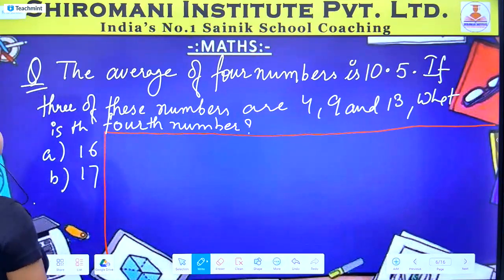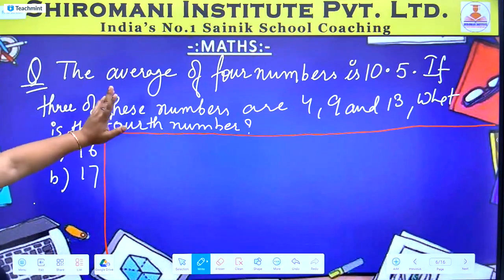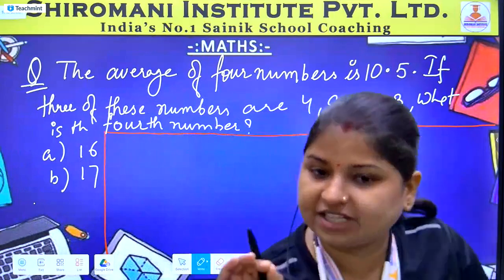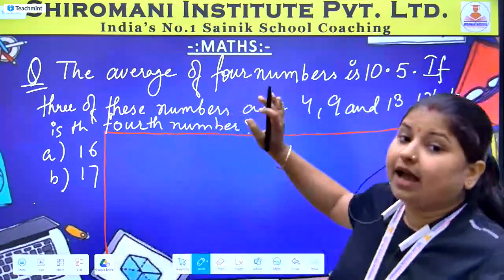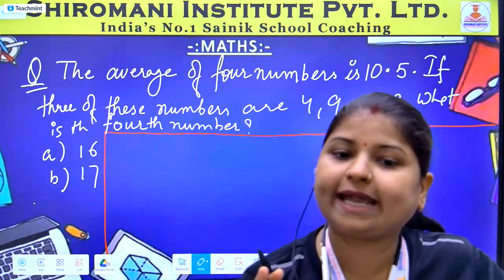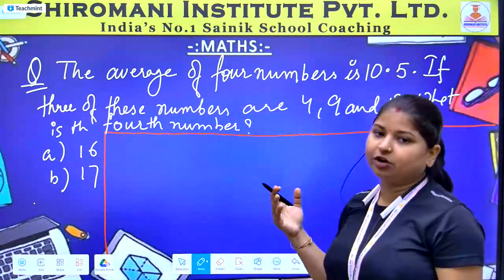Okay, see, the average of the first four numbers is 10.5. That means the average is given to me. And if three of these numbers are 4, 9, 13, what will be the fourth number?